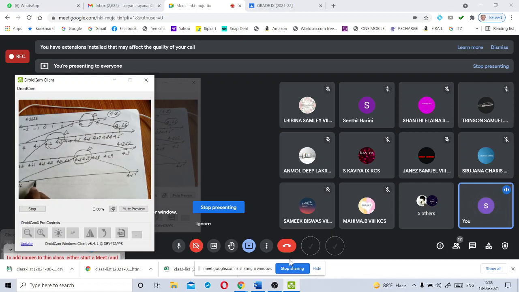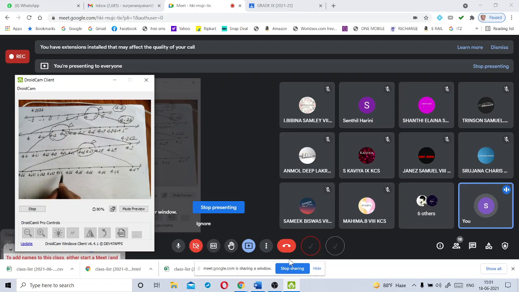1, 2, 3, 4, 5, 6, 7, 8, 9 and 10. Write 4.26 at each mark. After that, at the first dot write 1, next 2, 3, 4, 5, 6, 7, 8, 9.